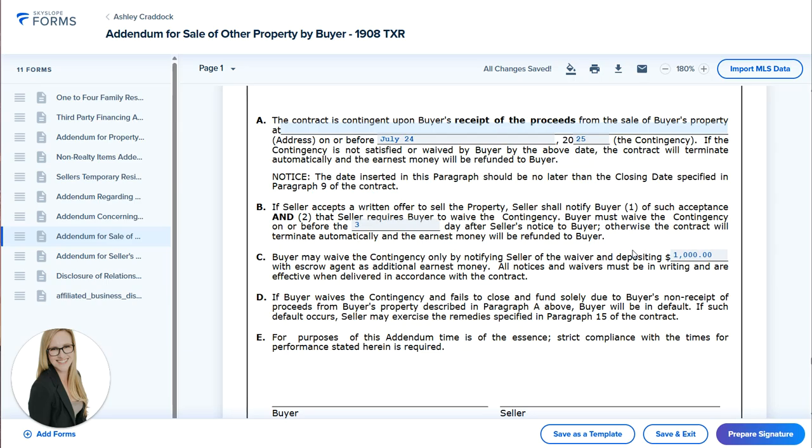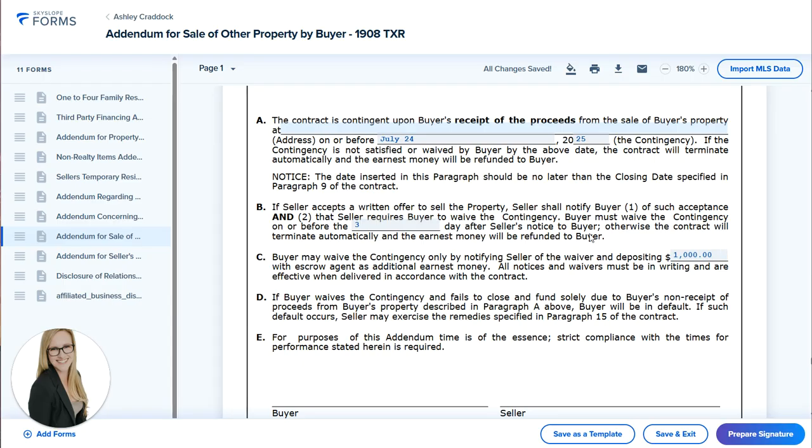So they could remove their contingency, but if they do, they need to put more skin in the game, to put more risk in. So this extra little fee is encouraging buyer one to pony up more money because your seller wanted to take up buyer two.